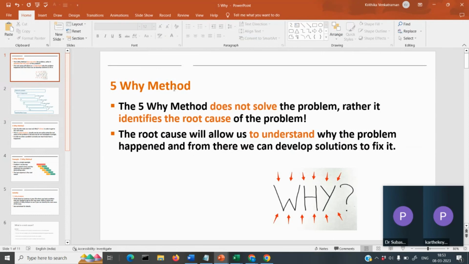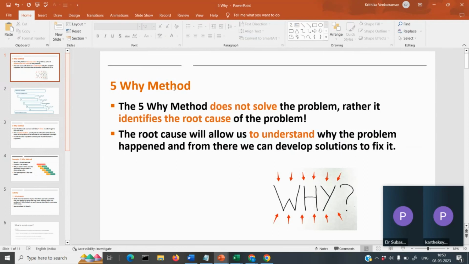So there are causes and there is a root cause. At the outset, we might think that something caused the other thing to happen, but in reality, it may not always be true. Root cause is the primary or the core cause that has resulted in the problem. Why should you identify the root cause?